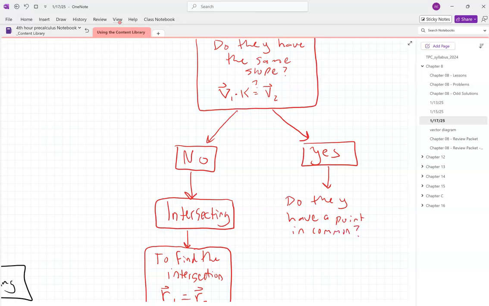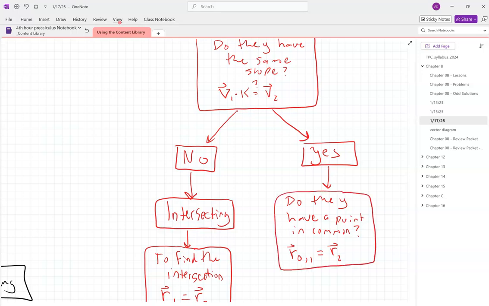So then we check to see if the answer is yes, they are parallel, or they have the same slope. We need to check if they have a point in common. So what I need to see is if the point vector from the first equation is on the second equation.